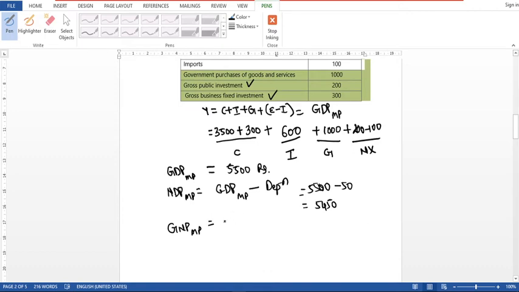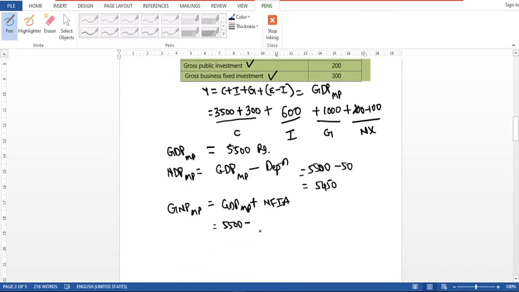So GDP at market price plus net factor income abroad. What is net factor income abroad? It is income by Indian citizens outside India minus income by outside citizens inside India. This is negative, so I'll reduce it. 5,500 plus minus 50. This answer will also be 5,450. Is it all right? This is the same, but it will not always be the same.